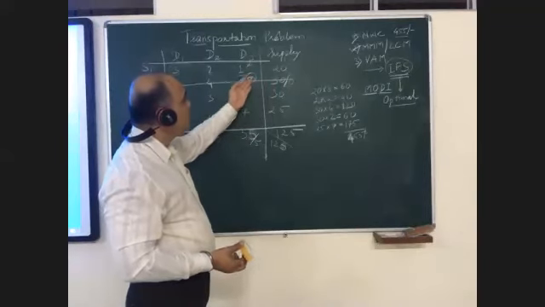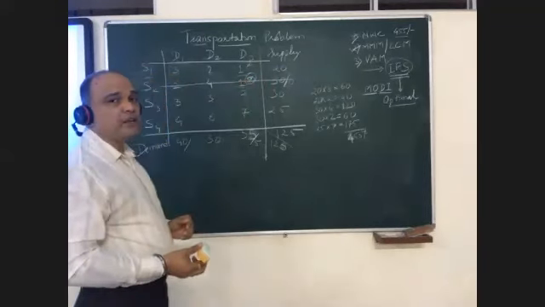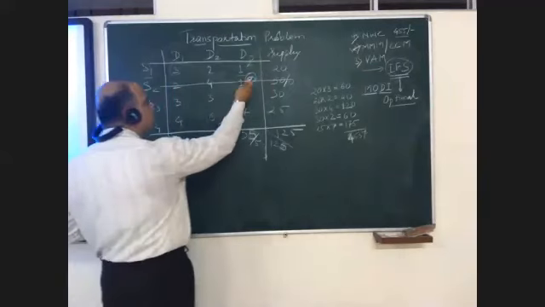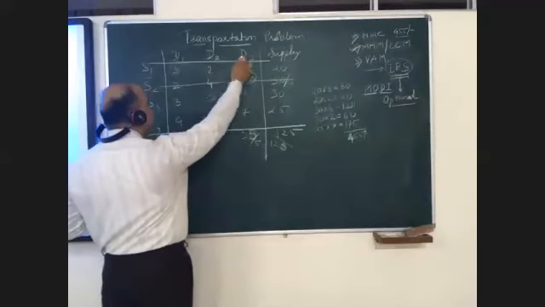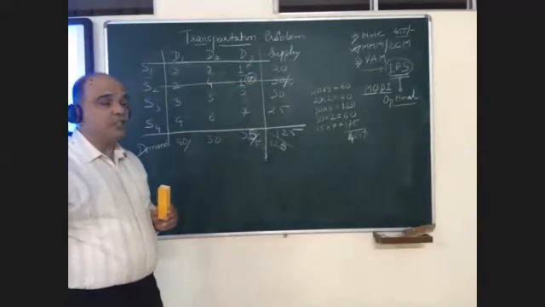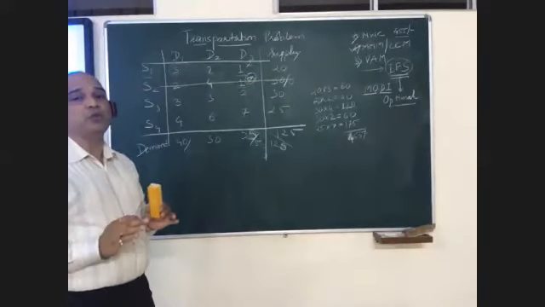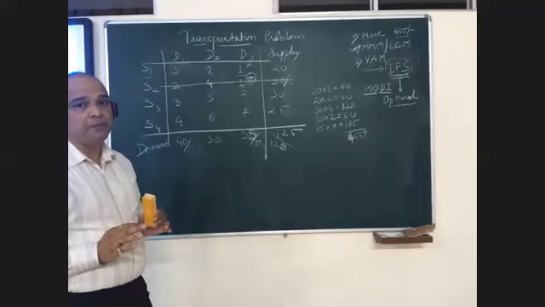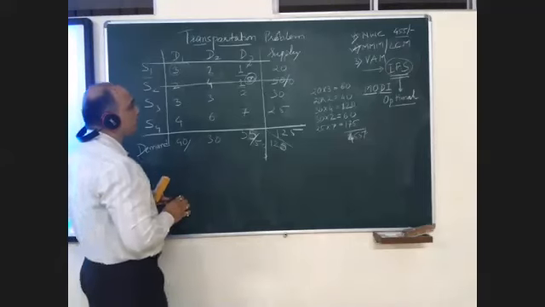So I can supply 50, the whole supply, to this center, S2 D3, and that's why I have considered this. The logic is that the total transportation cost should be minimum. Correct? I hope you understood.